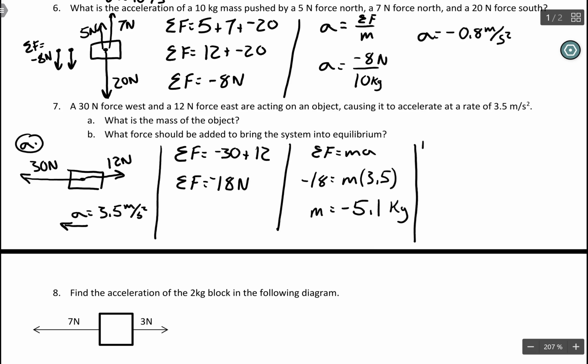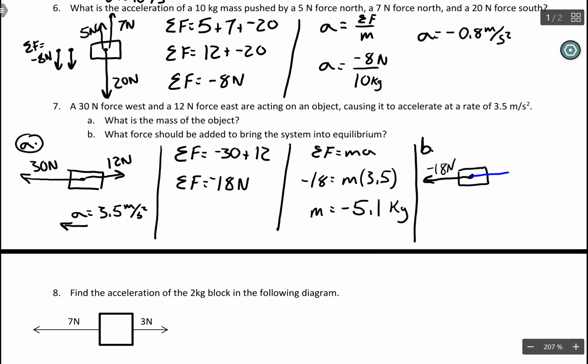For part B, they're saying what force should be added to bring the system into equilibrium. A couple different ways you could think about this. For me, I like to think of it in terms of, okay, where's the net force? Net force, negative 18 newtons in this direction. I want to bring it into equilibrium, so I want to balance this guy out.